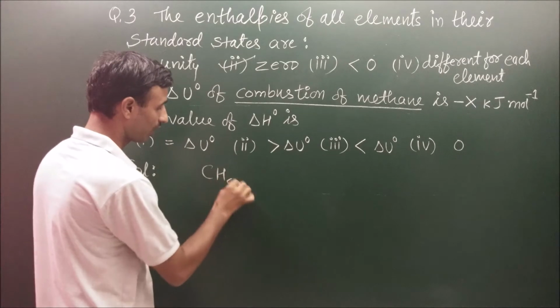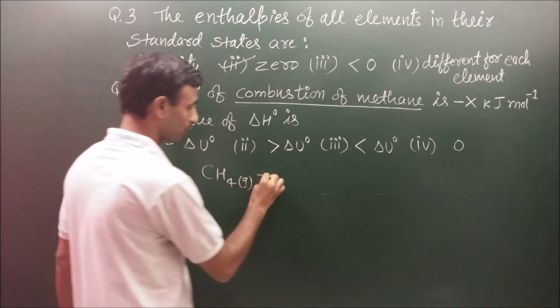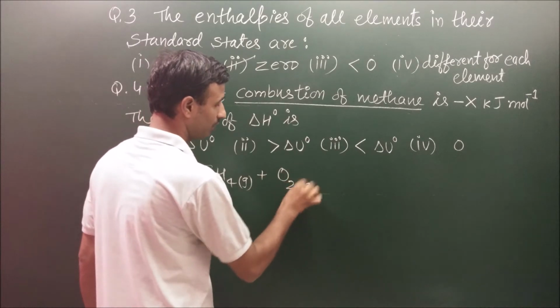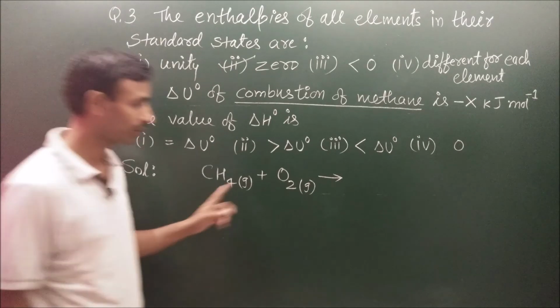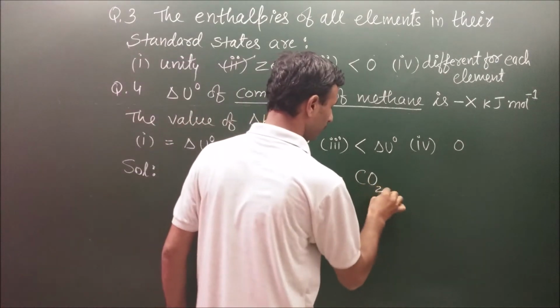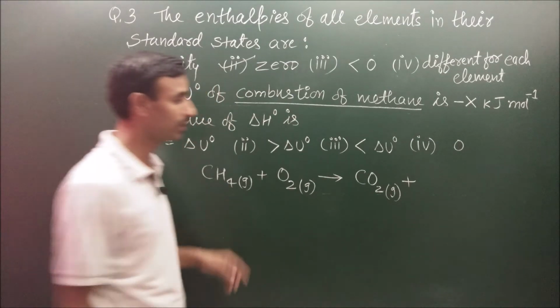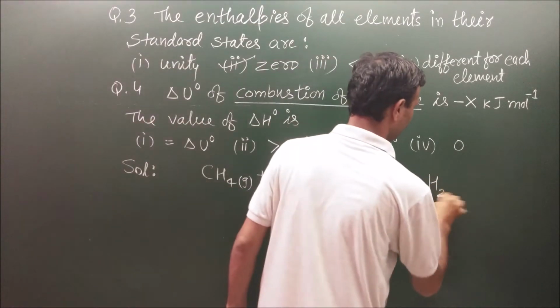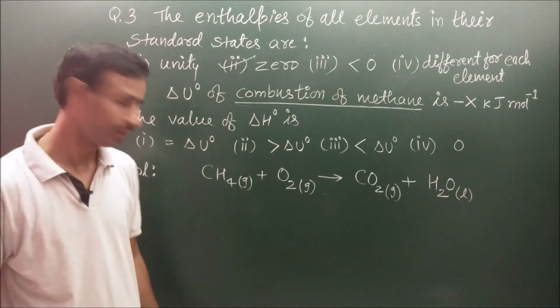Methane, formula of methane is CH4 gas. So when it burns, carbon turns into carbon dioxide gas and hydrogen into H2O liquid.